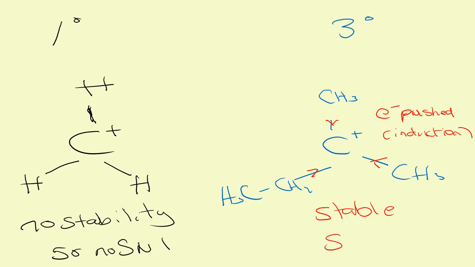So we end up with SN1. So the more carbons you've got, you get more of this induction or inductive effect, which stabilizes the carbocation. Stable carbocations are responsible for the majority of the mechanisms you have to learn.